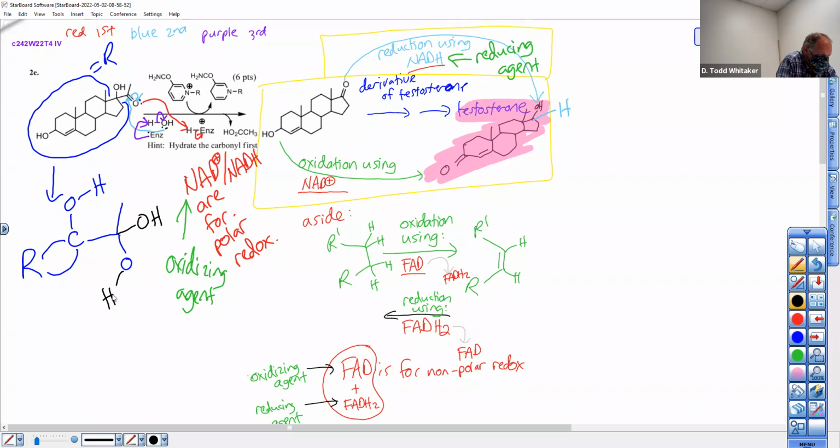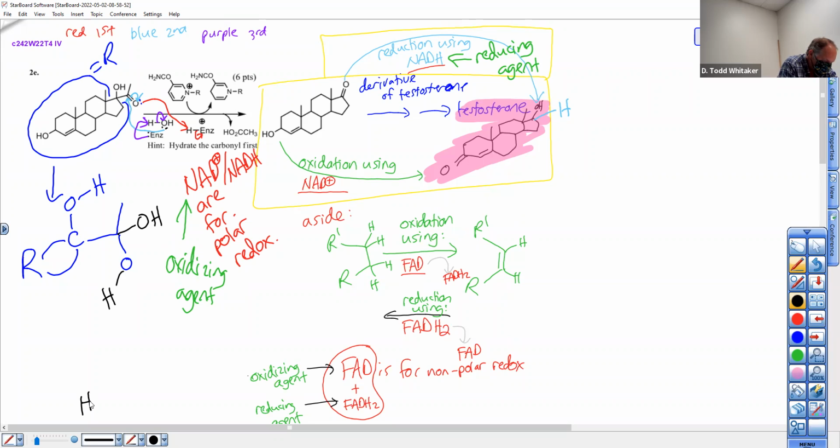Now what's going on? We've got to look at this one. This is like a critical thinking mechanism. I think it does look a lot like tautomerization, but it's really an elimination. Here's your leaving group. If you're not sure, I'll draw it.